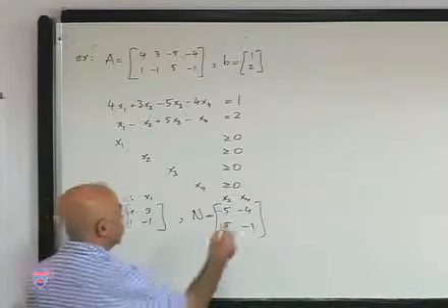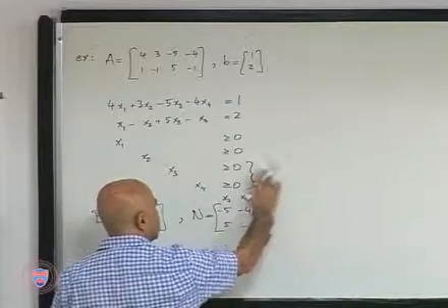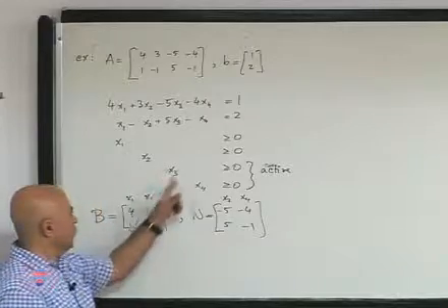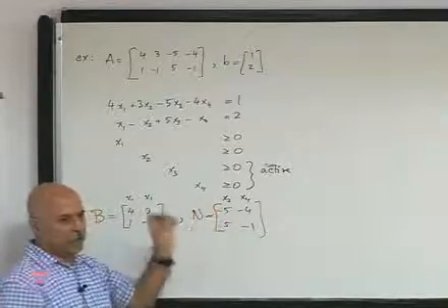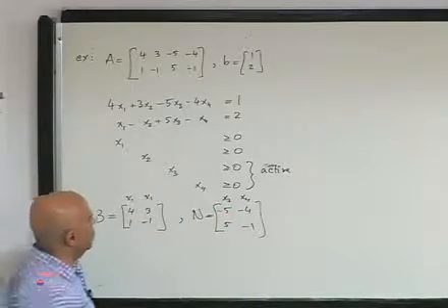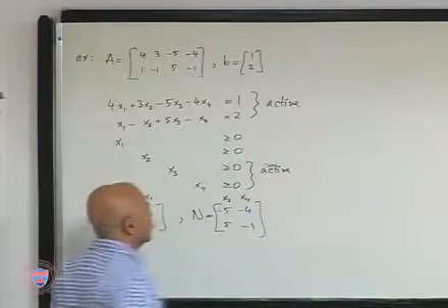So I'm going to take these as active. That's why your x3, x4 happen to be in I sub N. And of course, these are also active, always.